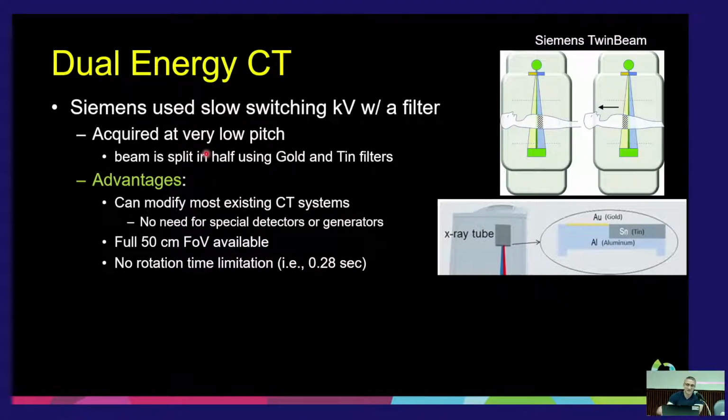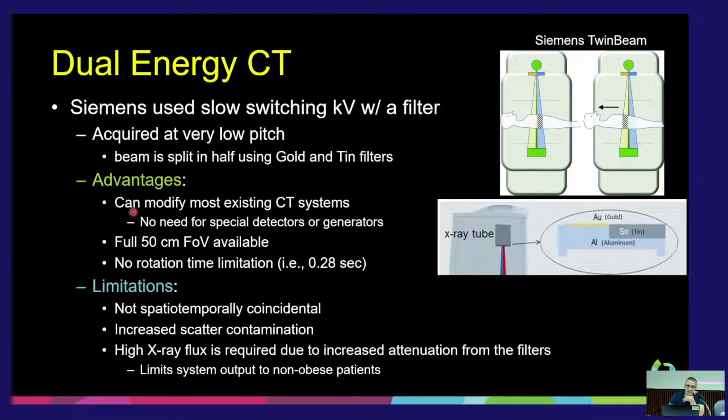And then as it spins around and the body passes through, it basically images every part of the body using those two separate spectrums twice. This images every piece of the body twice, but with those two different spectrums. So all the same effects that we talked about with the spin are the same. Spatial temporal resolution is not very well aligned. But once again, you can do tube current modulation and all that. All right.